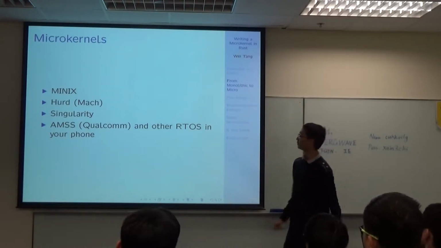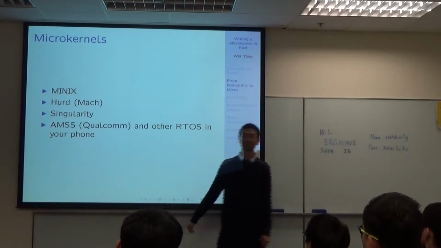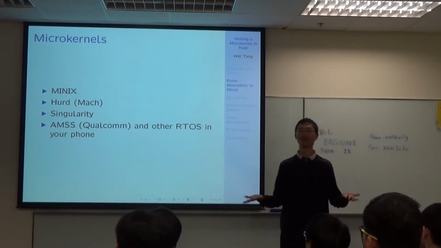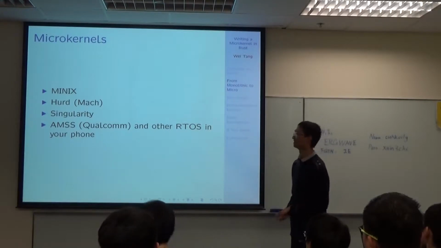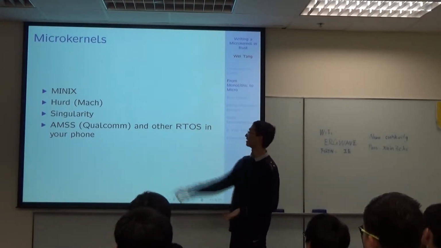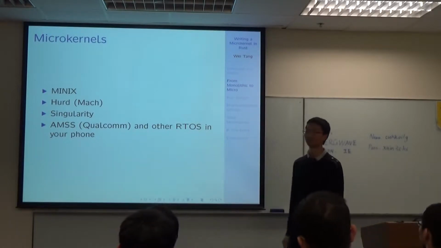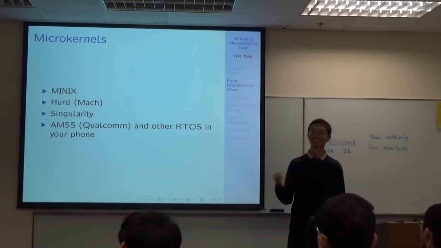And if you use a Qualcomm-based processor in your phone, if you own an iPhone, that's the case, then you are using a microkernel called AMSS. And if you're using Android, there are also some other microkernels in your phone.